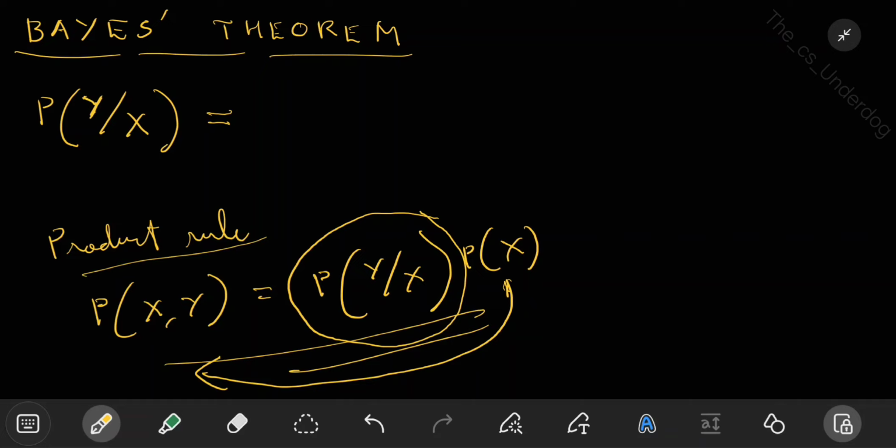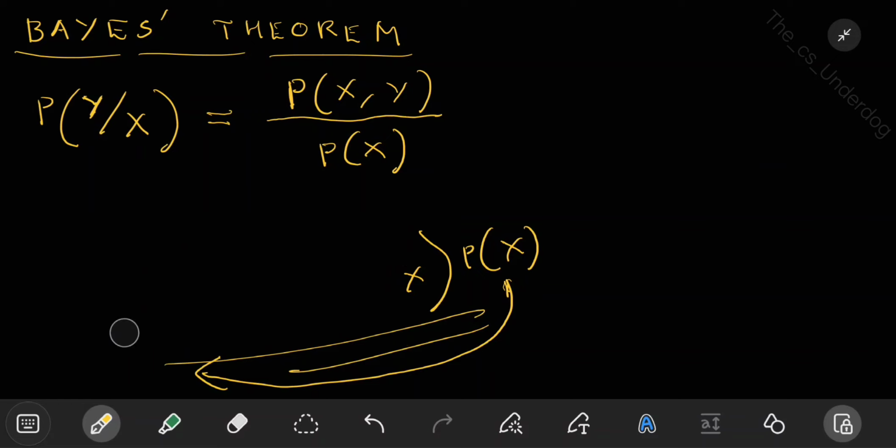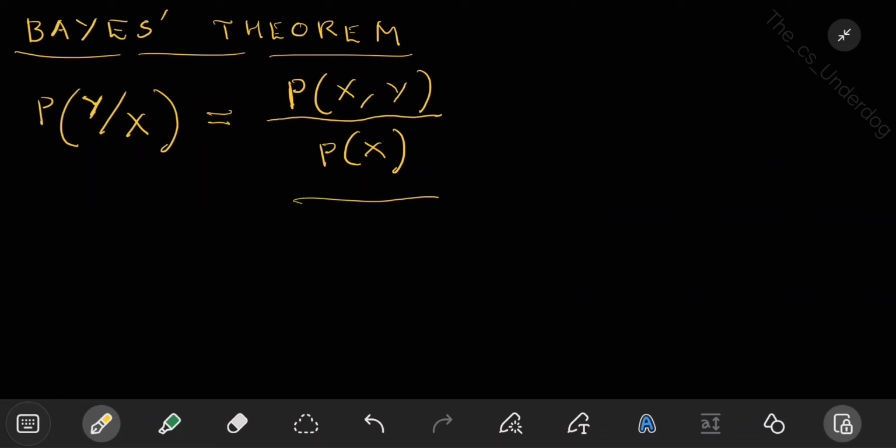Then P of y given x becomes P of x and y, the probability of x and y occurring together, divided by the probability of x occurring alone.